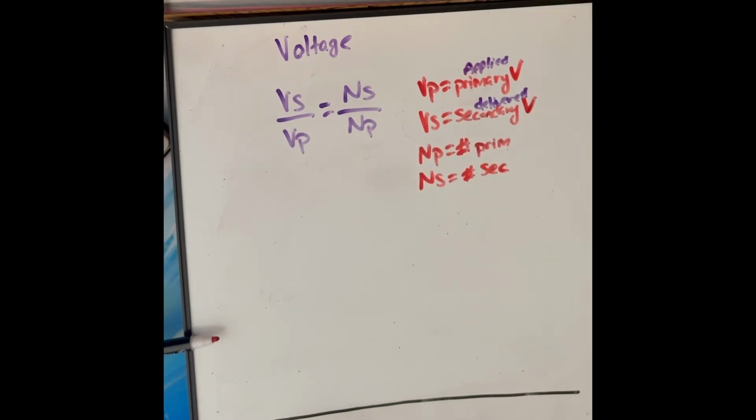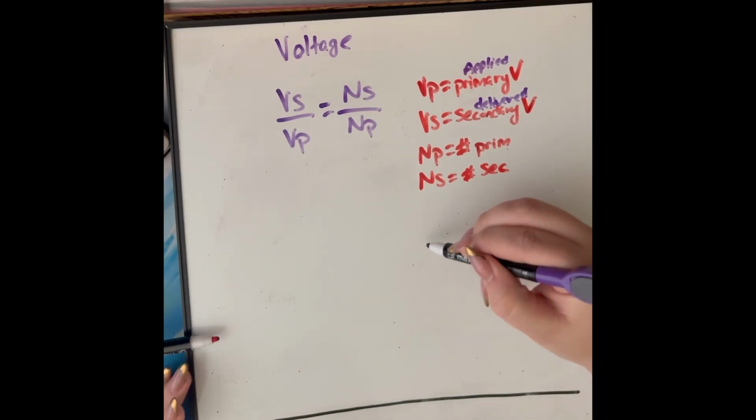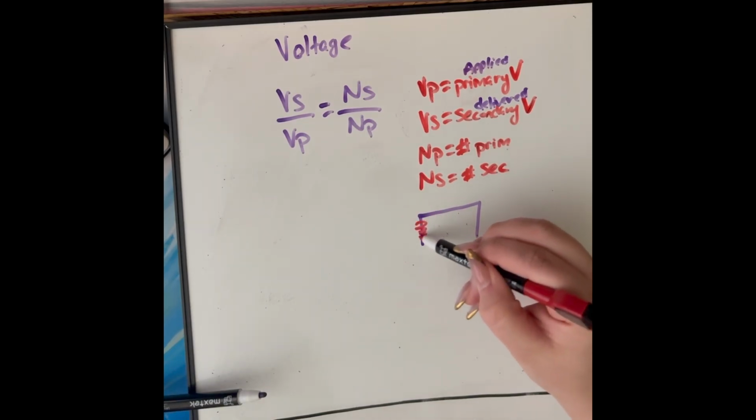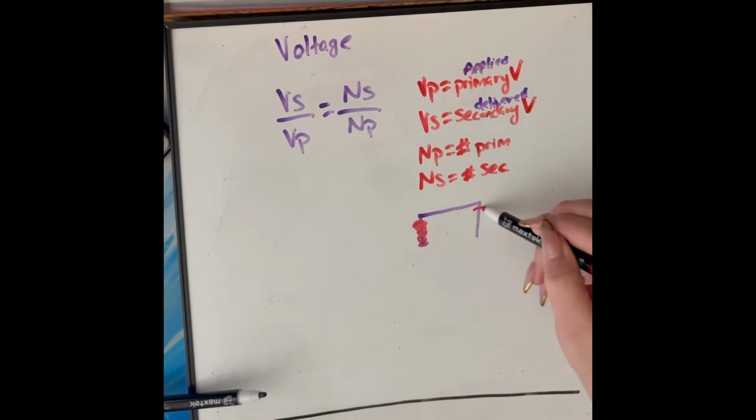So, first things first, whenever I'm doing a transformer law, I like to draw my transformer. I like to draw what it's saying to me. In this case, it says if a transformer has 10 times as many primary windings as secondary, that means it's going to have 10 times as more. So I would expect it to have a lot more windings over here than over here.